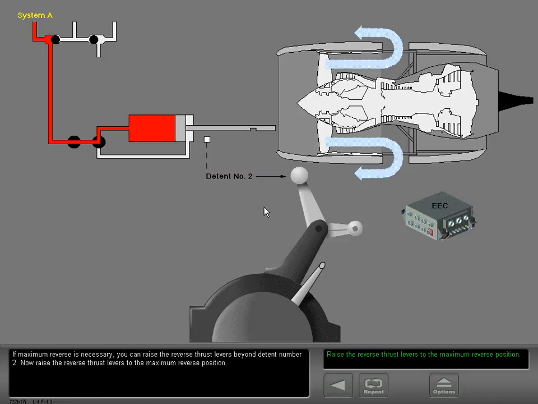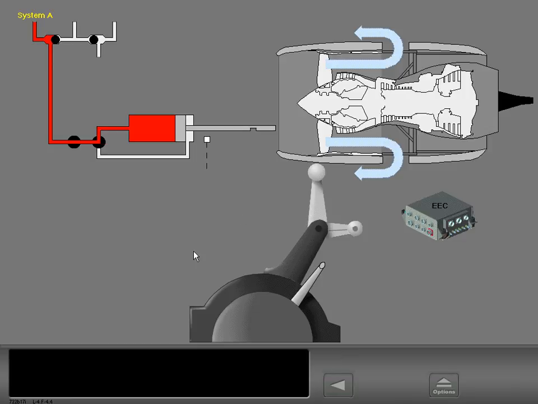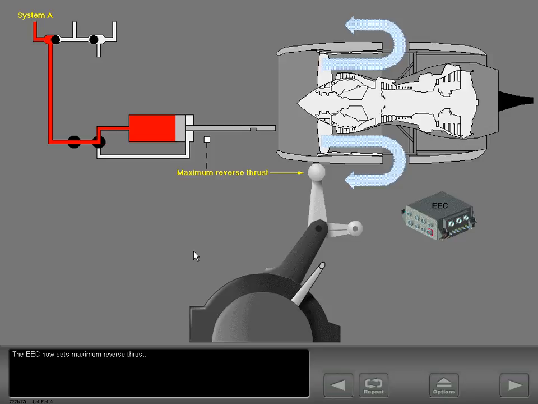If maximum reverse is necessary, you can raise the reverse thrust levers beyond detent number 2. Now raise the reverse thrust levers to the maximum reverse position. The EEC now sets maximum reverse thrust.